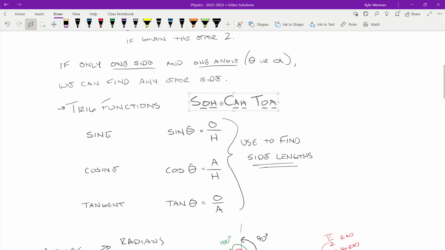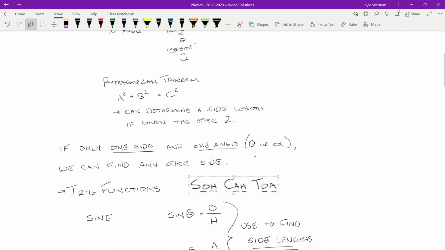And SOH says that the sine of the angle is equal to the opposite side over the hypotenuse. Cosine is adjacent over hypotenuse, and tangent is opposite over adjacent. Right? And with these equations, if I have an angle and one of the sides, I can find the third by solving for it in this equation.